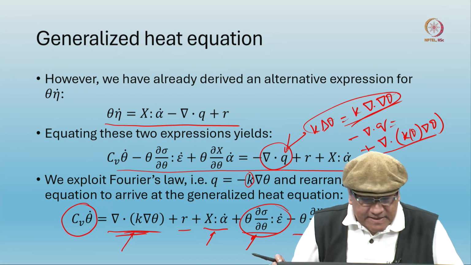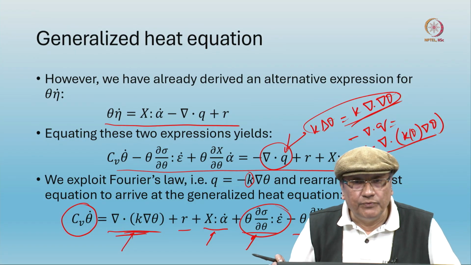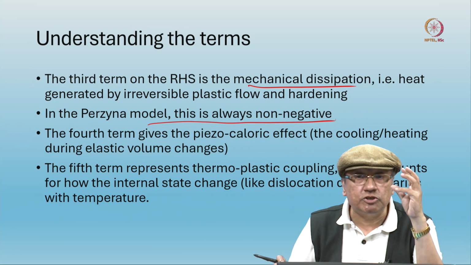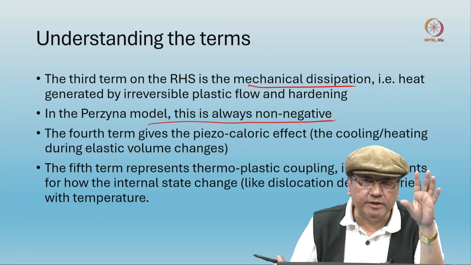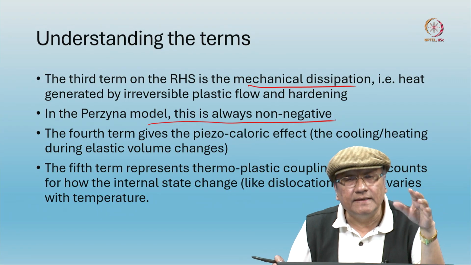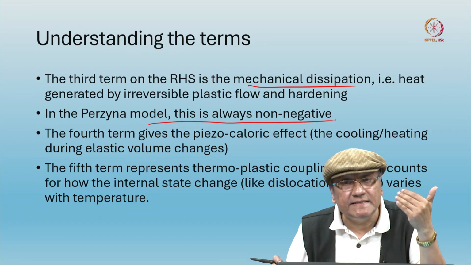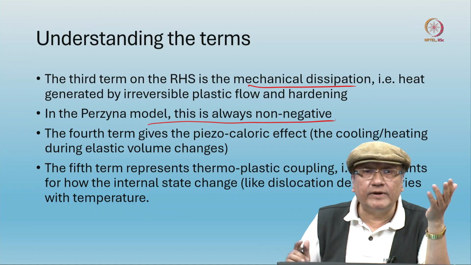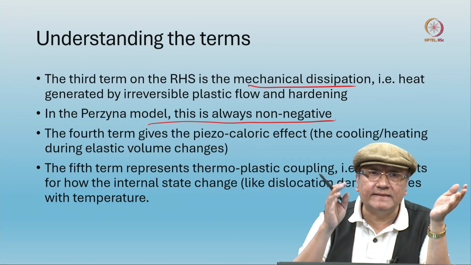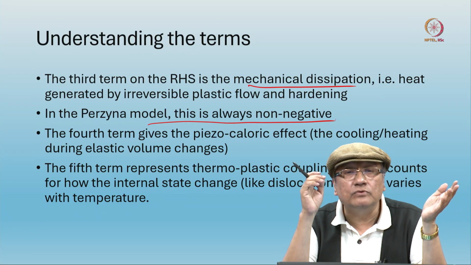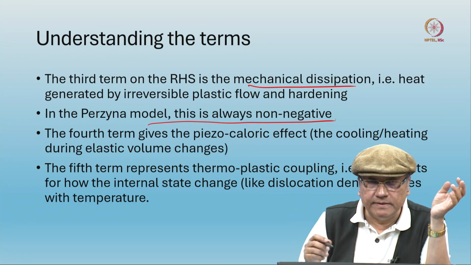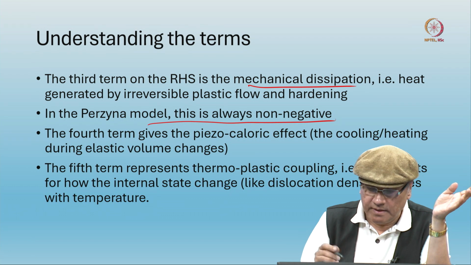So, this is the piezo-caloric effect, which essentially tells you that if there is a change in shape or size of the body due to mechanical deformation, that may lead to heating or temperature change. Like for a gas, if you compress the gas, that can give you a temperature rise. So basically this is a similar situation for solids.